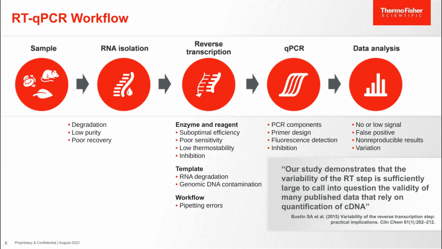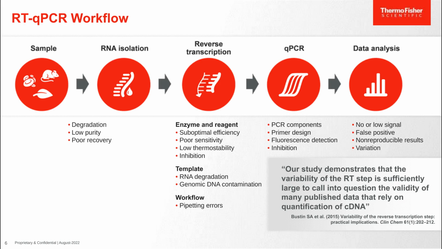In reverse transcription, you might face a number of pitfalls. For instance, the RT reaction might not be efficient, accurate, and linear. This often depends on sensitivity, stability, and inhibitor tolerance of the RT enzyme used. Variation in pipetting of RT components can also contribute to inconsistency in RT-qPCR results.